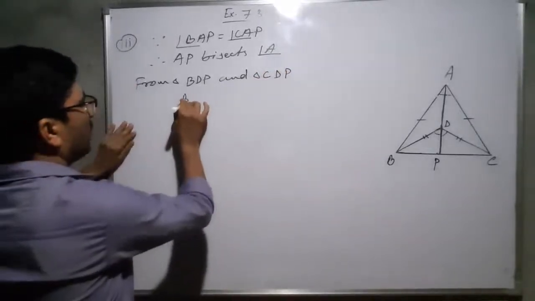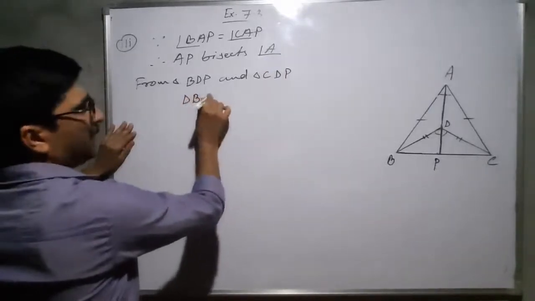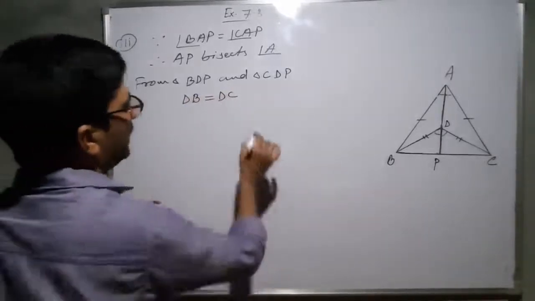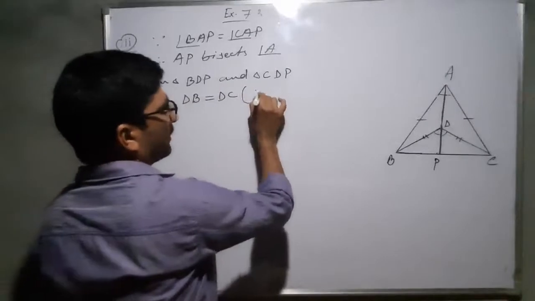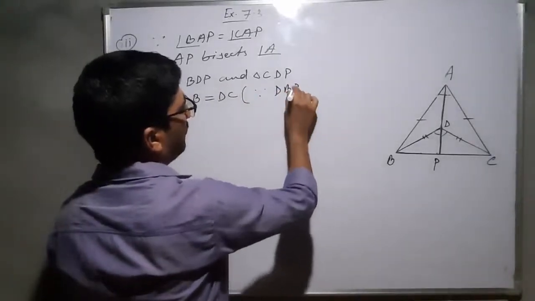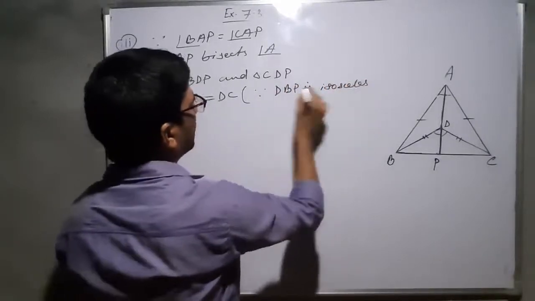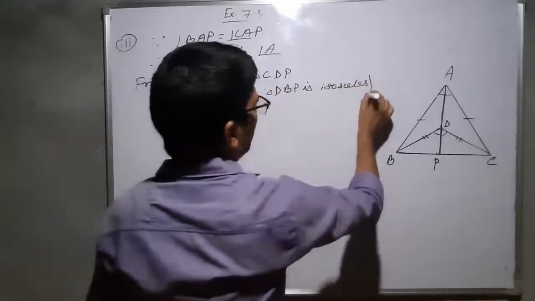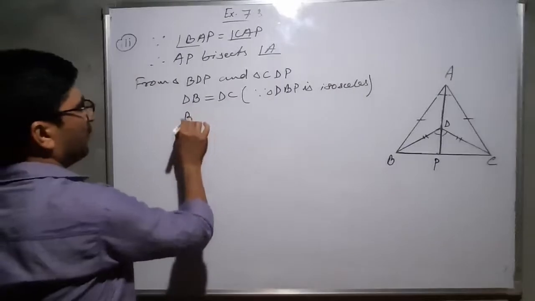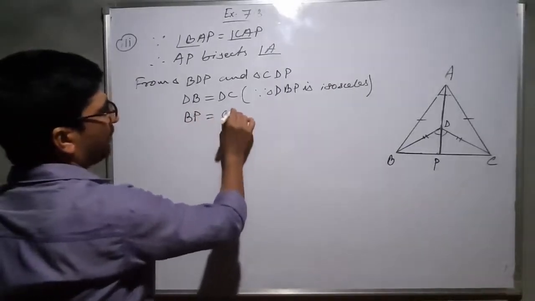Okay, BD equal to, or DB is better. DB is equal to DC, since triangle DBC is isosceles. Since the triangle is isosceles, that's why these two sides are equal. Now BP is equal to CP. You can write BP equal to CP.